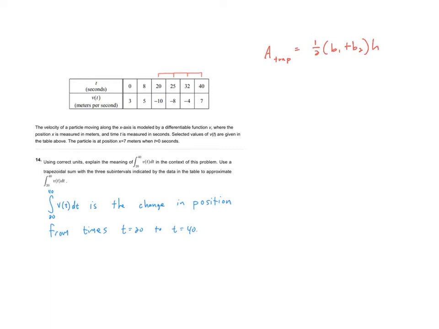The height is the change in times, and each of these bases are the heights, the velocities in this case, the 2 velocities that are in each subinterval.